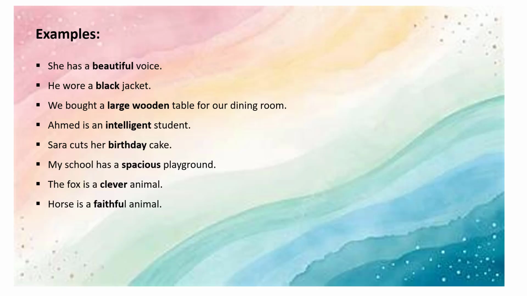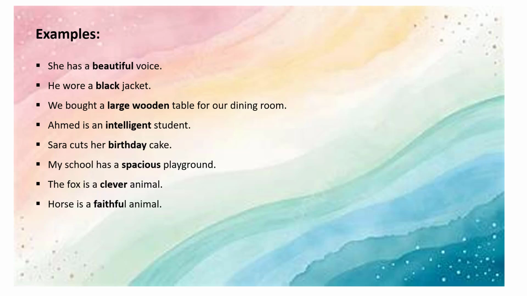The next are examples. She has a beautiful voice. He wore a black jacket. We bought a large wooden table for our dining room. Ahmed is an intelligent student. Sarah cuts her birthday cake. My school has a spacious playground. Spacious means large in area.